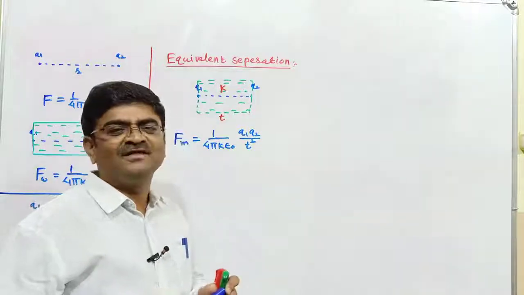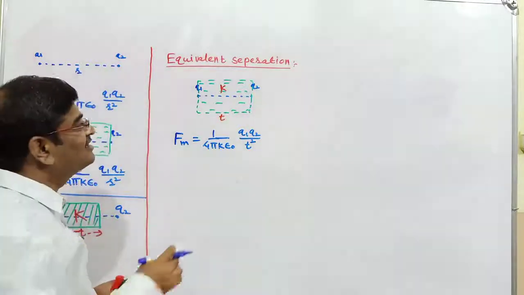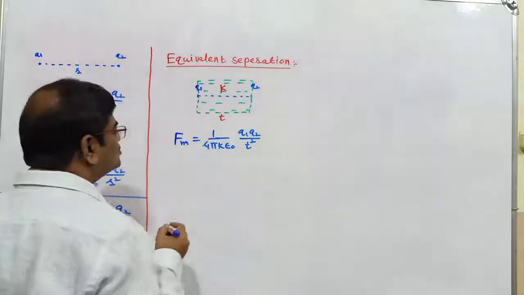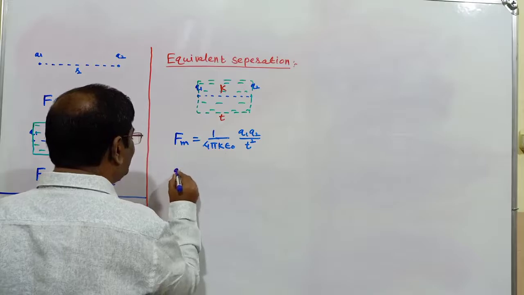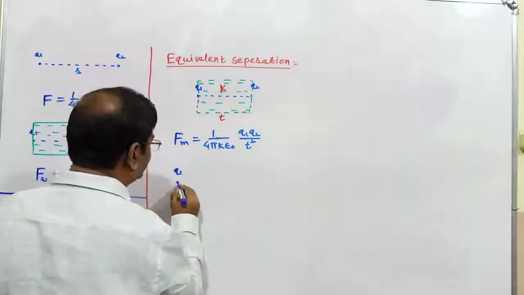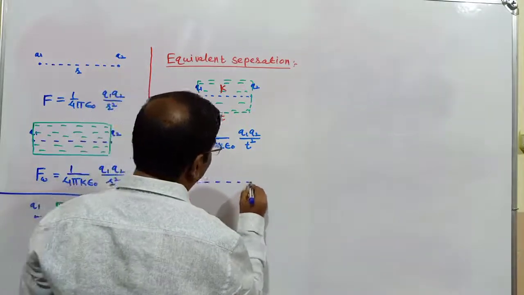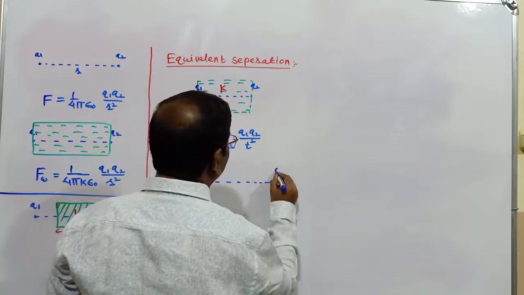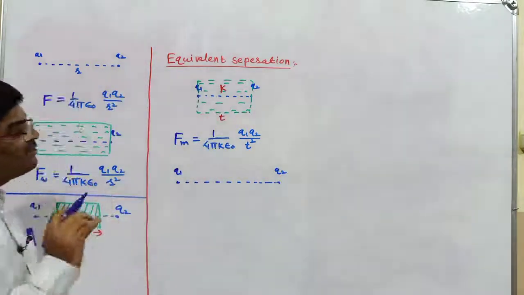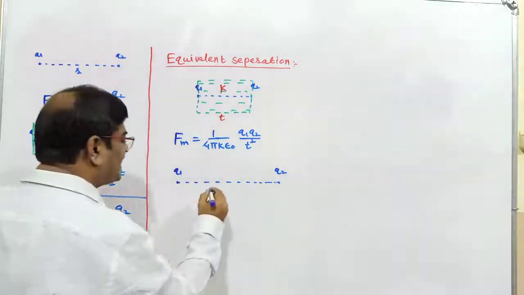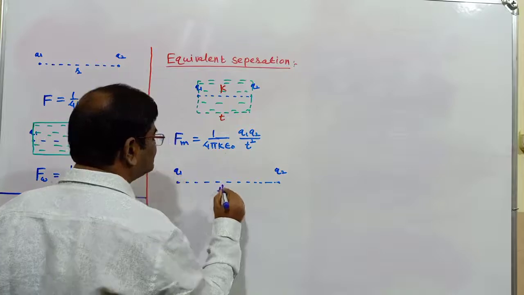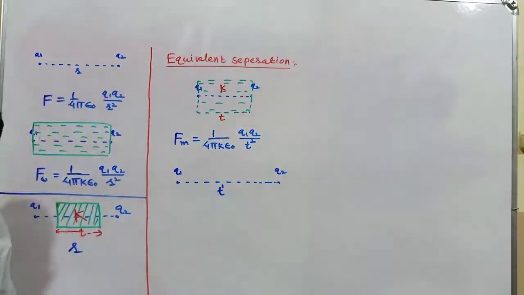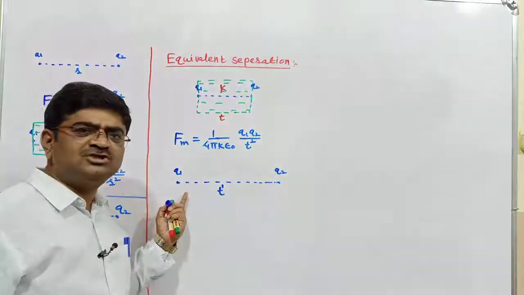Now, what I do is, those same two charges, instead of keeping them in the given dielectric, I would keep them in air as a dielectric. In a vacuum, I will keep them at a separation, say T dash. Now, may I calculate the force between these two charges?